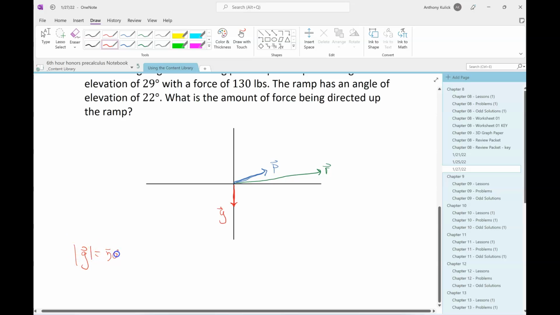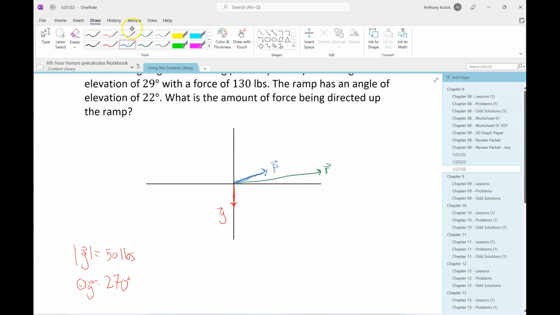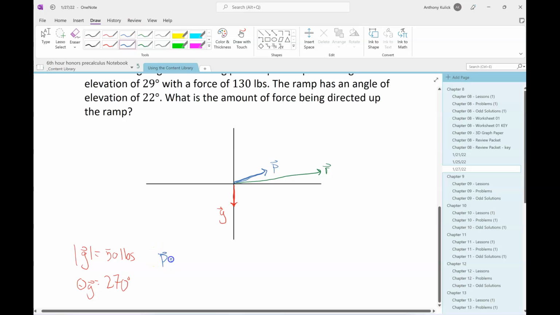So real quick, writing down the magnitudes and directions for these. Notice in no way, shape, or form were we given a length for the ramp. So we're free to choose the length of the ramp to be anything we want. I'm going to make it a unit vector here.